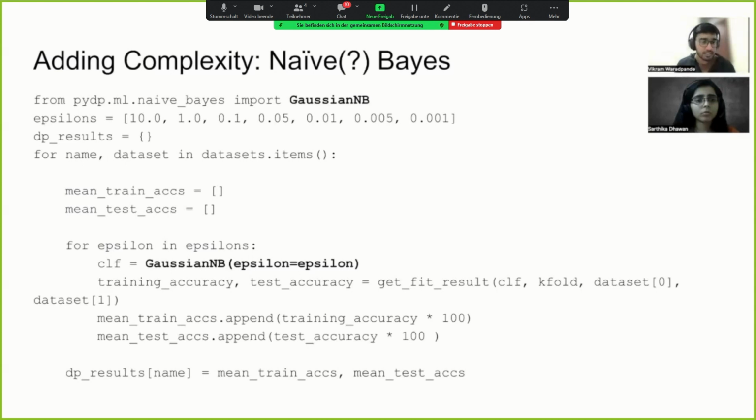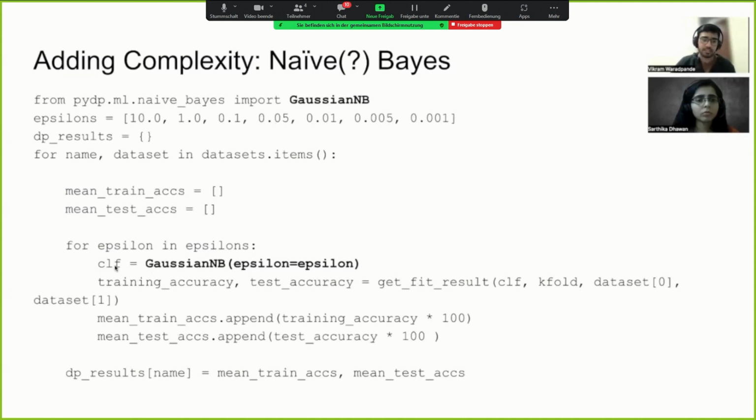So for each data set and for each value of epsilon, we record the mean training accuracy and the mean testing accuracy. The way we utilize these algorithms is exactly how you would have used the standard implementation of the Gaussian Naïve Bayes algorithm from sklearn. The additional parameter that we pass here is the value of epsilon that we're trying to use.